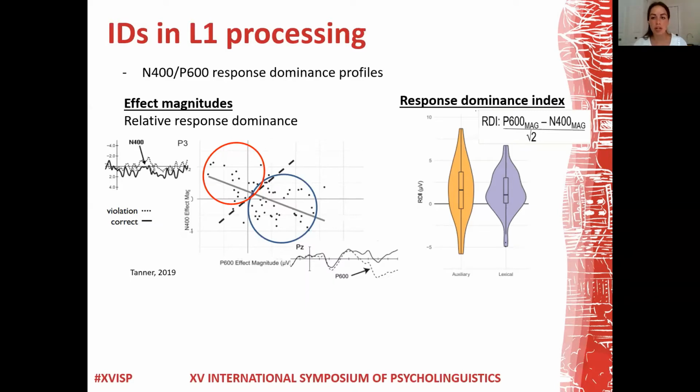A more positive value would reflect bigger P600, or P600 dominant profiles, whereas a more negative value would mean an N400 dominant speaker. And as you can see in these violin plots, there's a lot of variability in speaker response dominance, or RDIs.